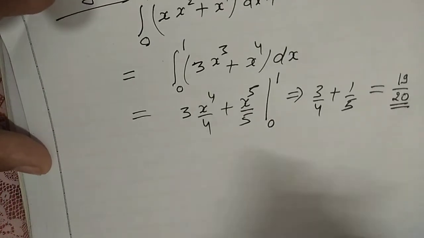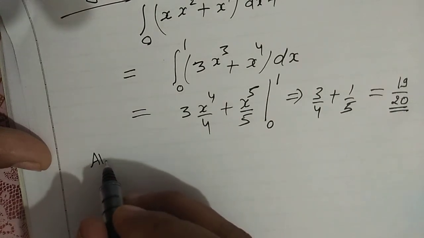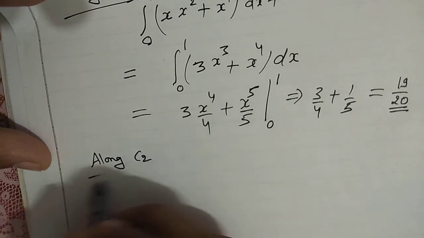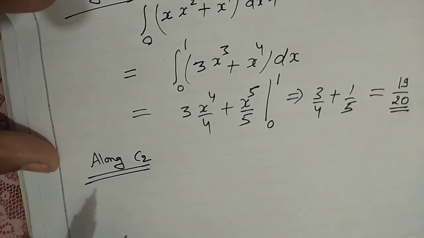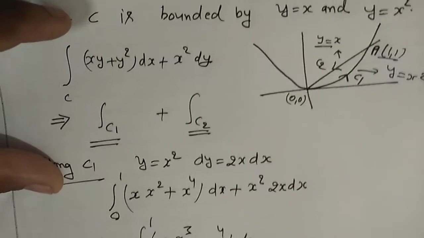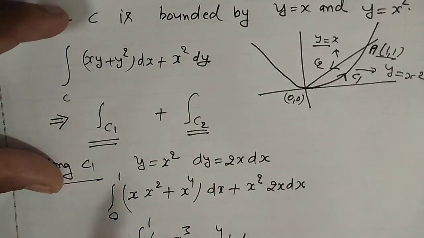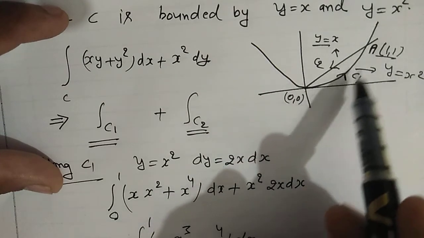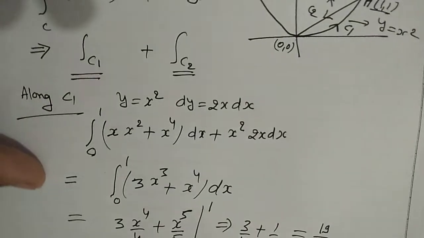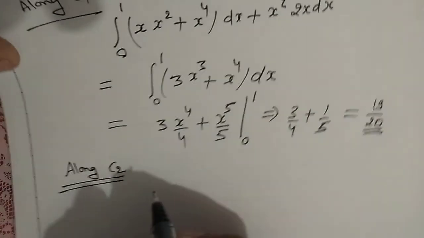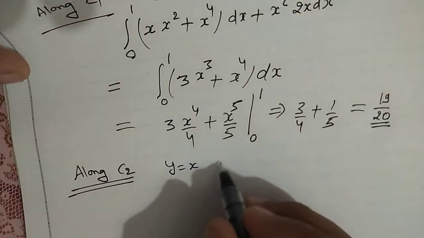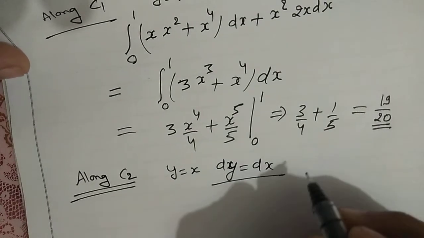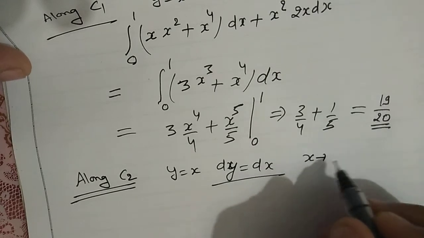Let us see along C2. Along C2 the curve is y equal to x, and the limit varies from 1 to 0, because we are moving from C1 to C2 anti-clockwise. So along C2 we have y equal to x, dy equal to dx, and the x limit is from 1 to 0.